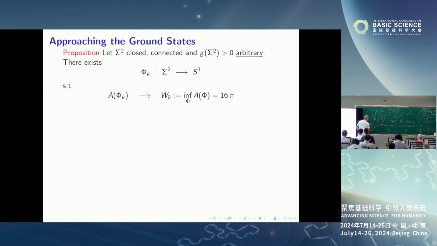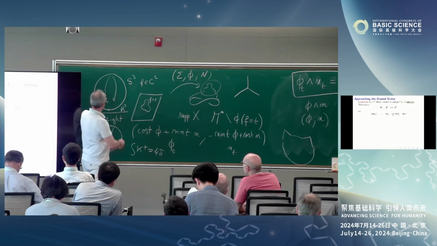So this is for genus 1. It is a tight surface. So tight surface means that the integral of k plus, the positive part of the Gauss map, is exactly equal to 4 pi.